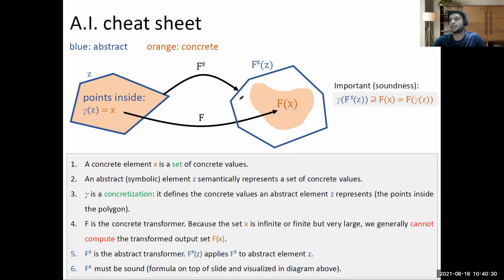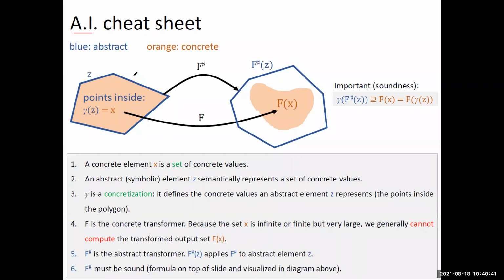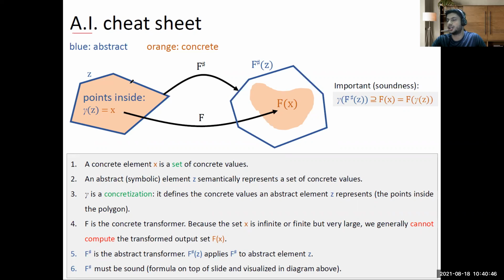Okay, so this is a very interesting cheat sheet, the abstract interpretation cheat sheet, not AI, artificial intelligence. This is what we have been doing till now. We had some points, we abstracted them using some symbolic region, which is Z, and then we had some abstract transformation, and we landed on another symbolic shape.